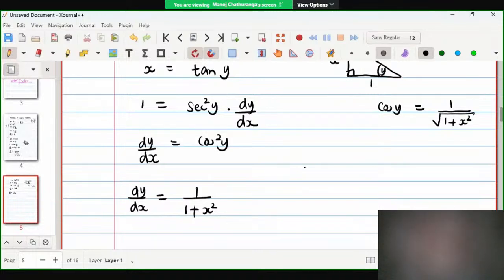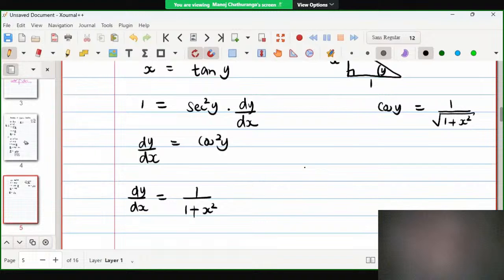So we learned the derivatives of three different inverse functions: ln x, sine inverse x, tan inverse x. Now you can simply construct the derivative for other inverse functions.